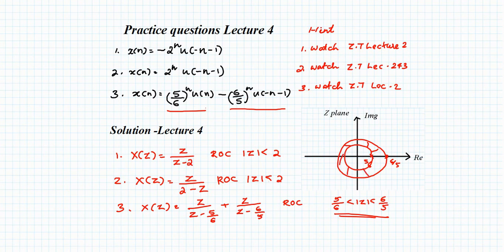Another one converges if modulus of z is less than 6 by 5, so it will be inside the circle. The common area will be a strip between the two values 5 by 6 and 6 by 5. So that is the ROC of the combination of these two signals.